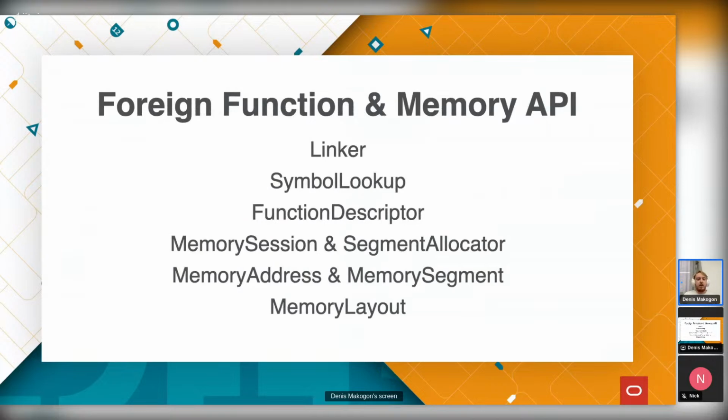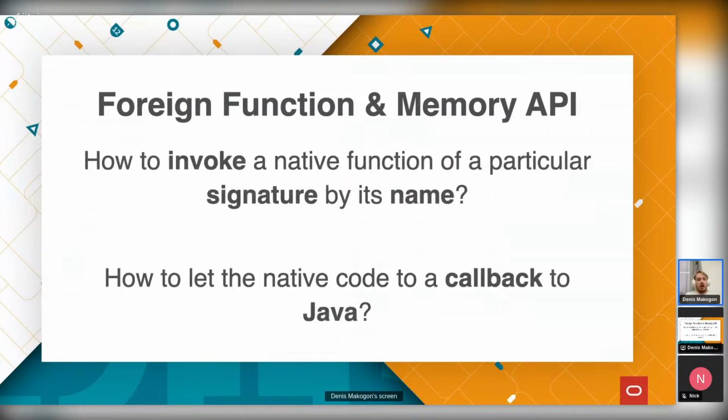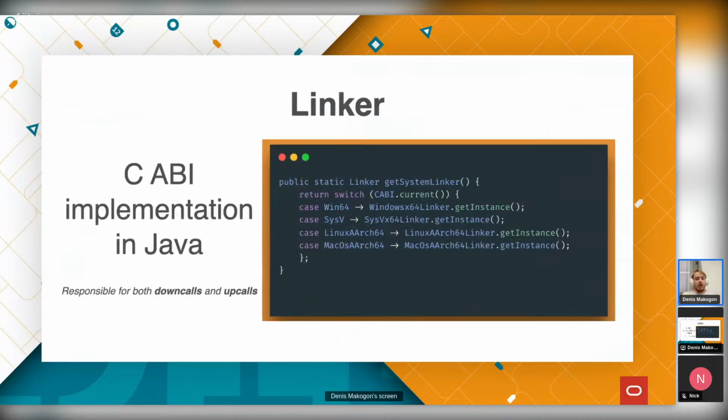So the foreign functions and memory API, which is a part of the JDK 19 upcoming release in less than a week, offers a variety of new APIs that attempt to answer the following questions: how to invoke a native function with a particular signature by its name, and how to let native code call back into a Java application. Every one of these highlighted words corresponds to a particular API class that is a member of the foreign functions and memory API.